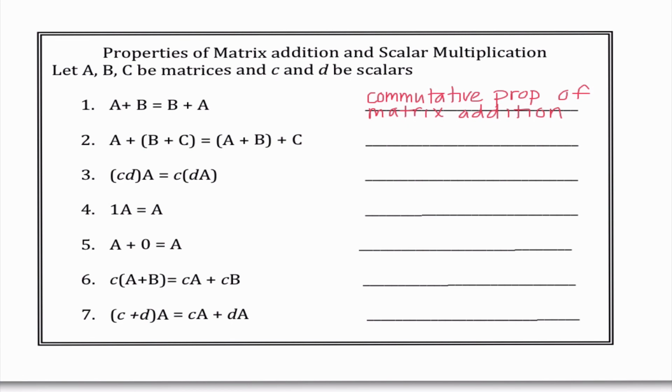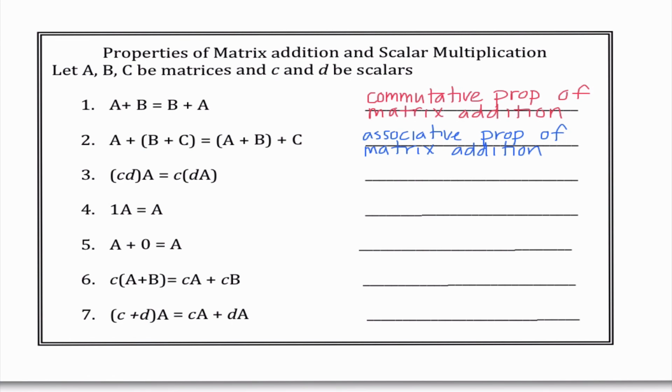My matrix there is tough to read, but it does say matrix. Okay, so I can add two matrices together. It doesn't matter the order. Okay, number 2, it looks like what's happening here is the groups are changing. So we would call that the associative property of matrix addition.